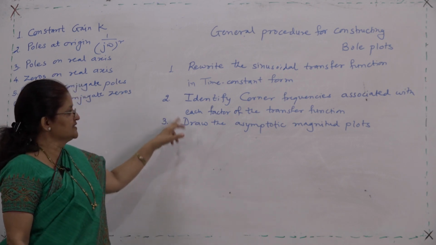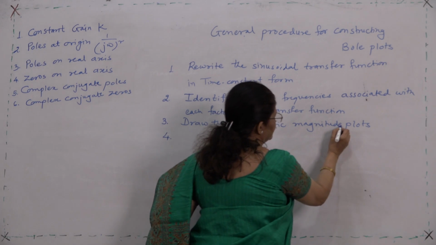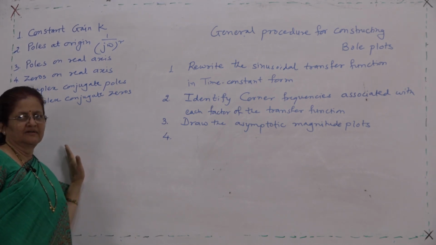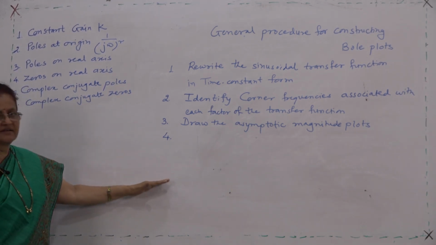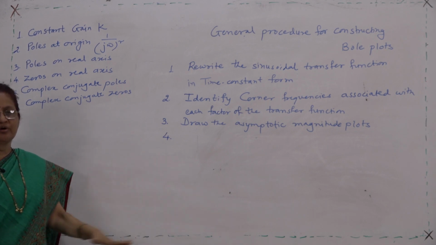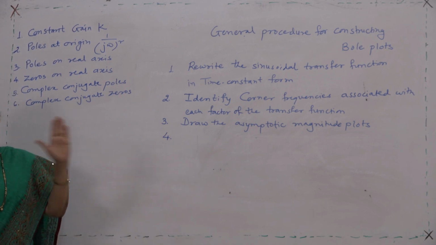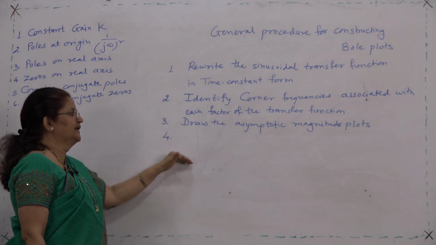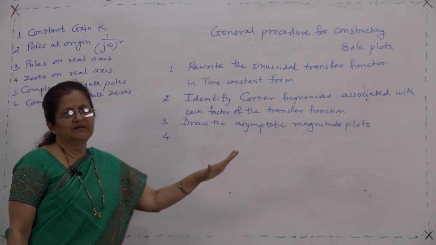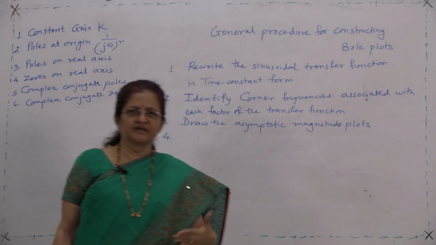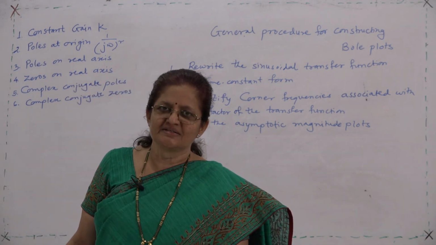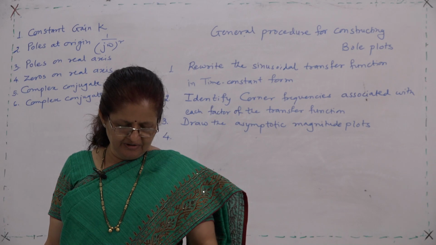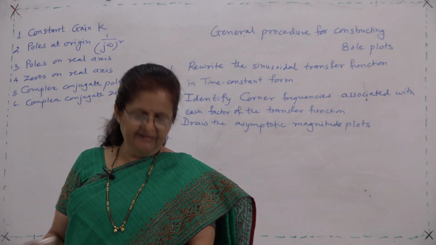When you arrange them in ascending order, until that corner frequency it is 0 dB. When you consider the next factor, until that it is 0 dB, so there is no contribution of that factor in the Bode plot. Draw the asymptotic magnitude plots separately for each factor and then combine them together, or we can see while solving the example how we can do this. Instead of drawing for each factor, considering the ascending order, we can draw it directly.